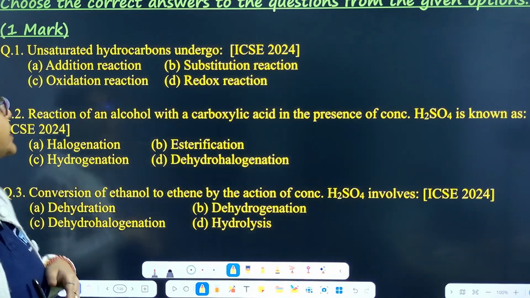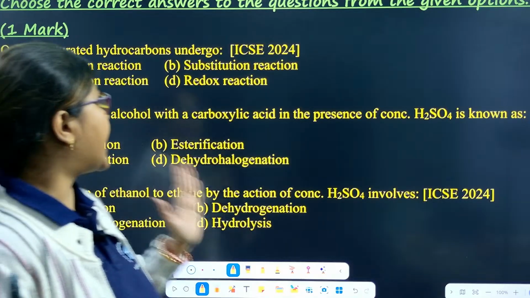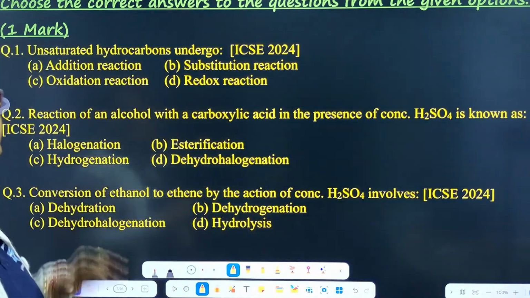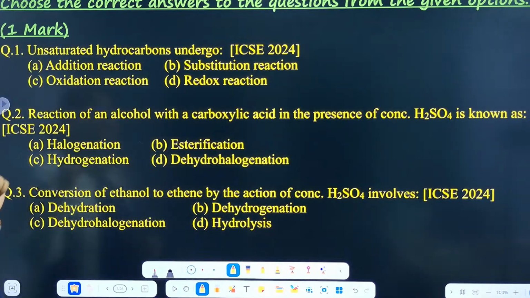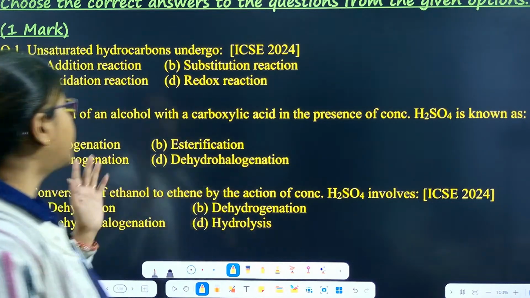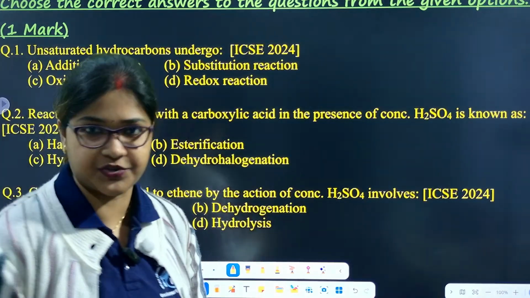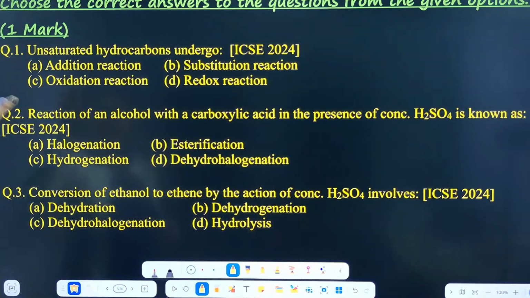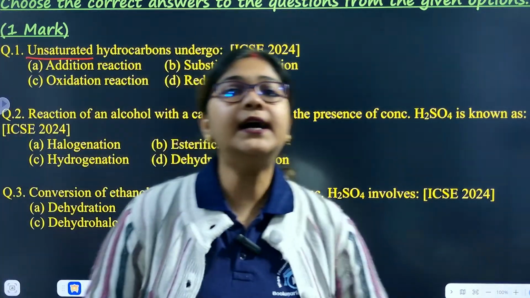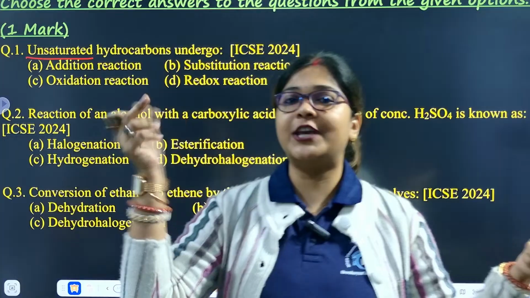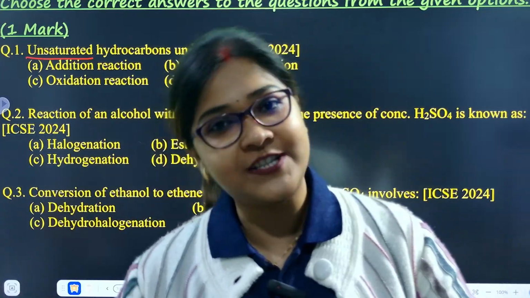देखो, द फर्स्ट क्वेश्चन इज unsaturated hydrocarbons undergo. There are 4 types of reaction in the options. What are the reactions? Addition, substitution, oxidation and redox reaction. So, mind you, again, unsaturated. There is a difference between saturation and unsaturation. Of course, there is a difference.